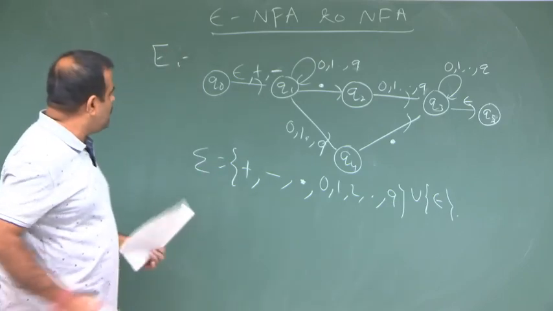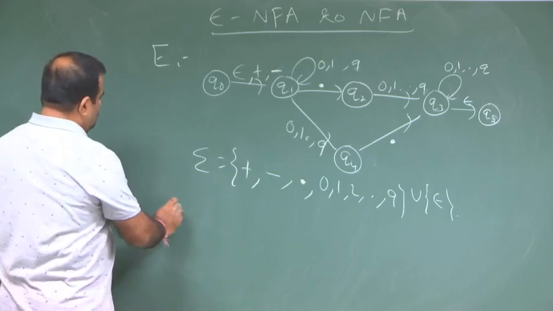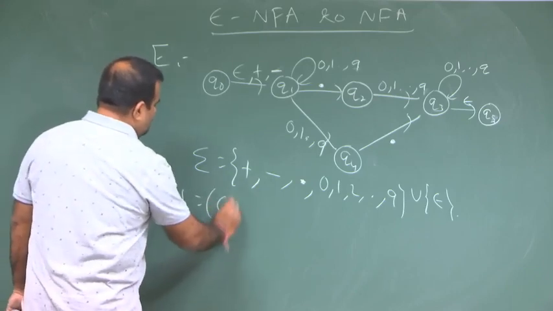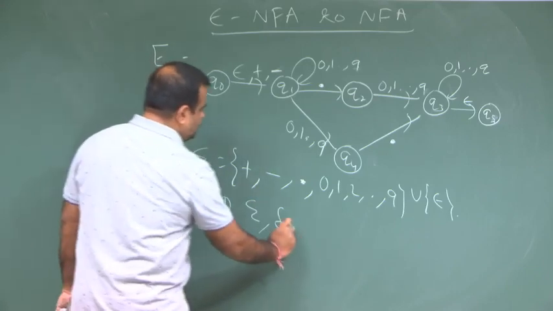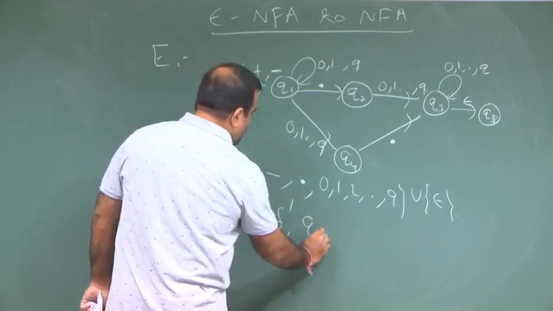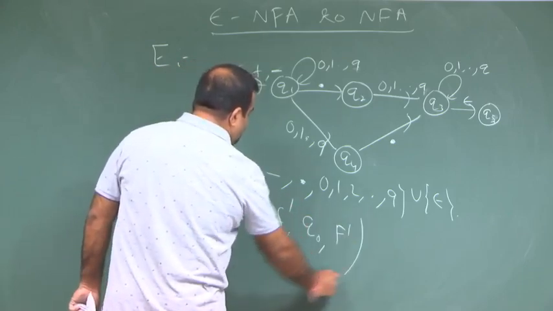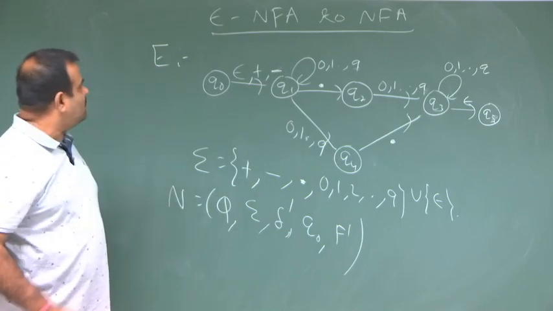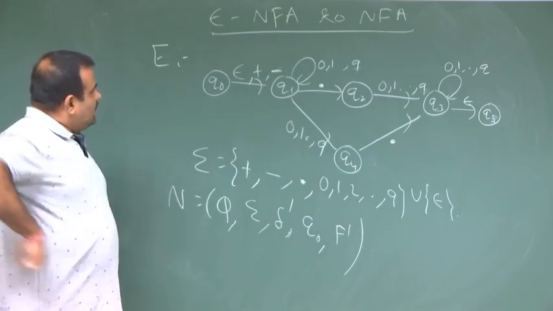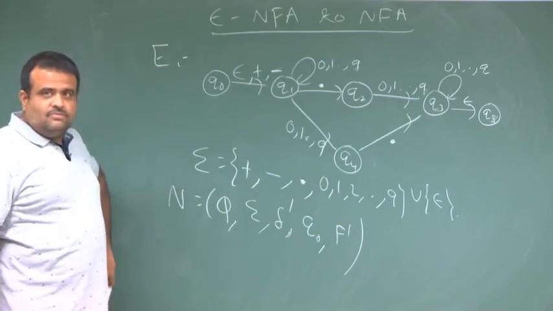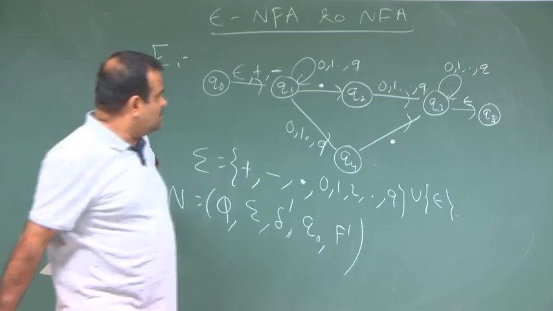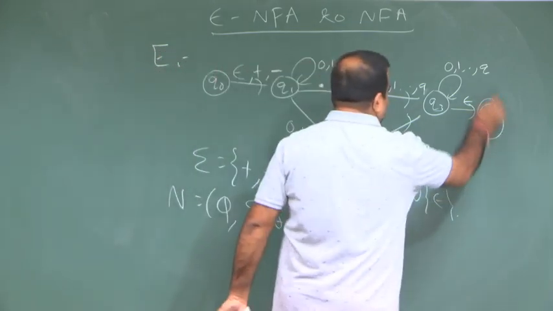So, for the NFA what do we need to do? Suppose this is the NFA Q, F prime. F prime is different only if with the epsilon move we can reach the final state from Q0. So, this is our final state.